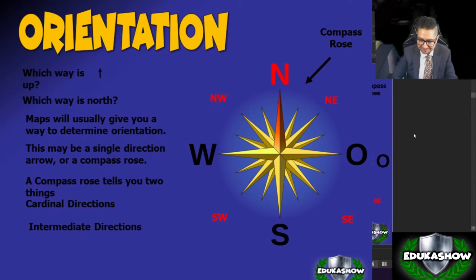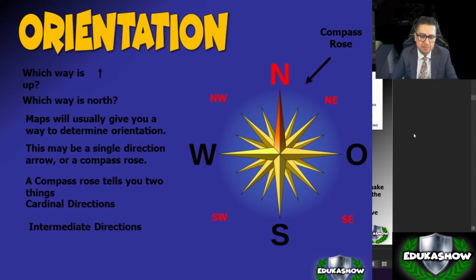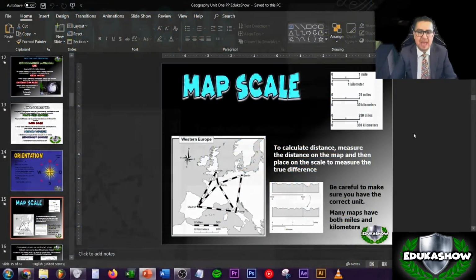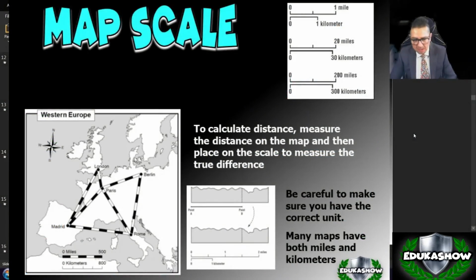All right. Now, in the case of maps, this is very important to understand. We've got the map scale. Teacher, what is the map scale? Well, don't worry. Listen to this.